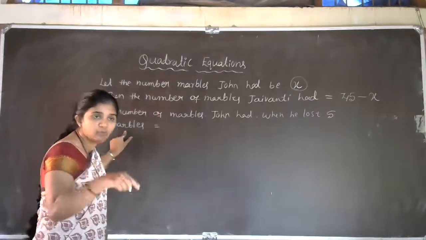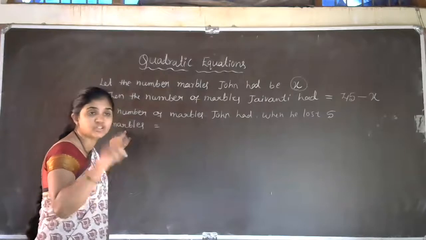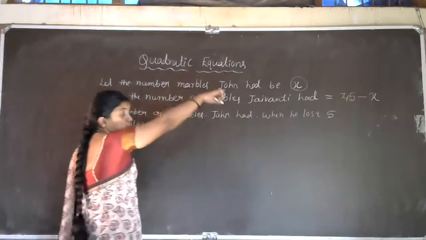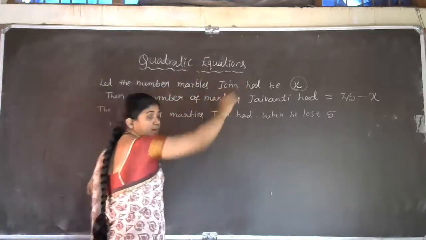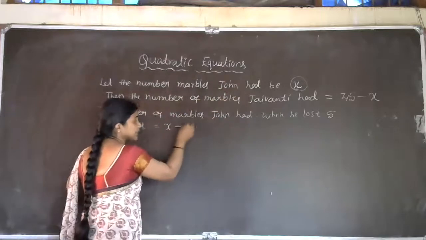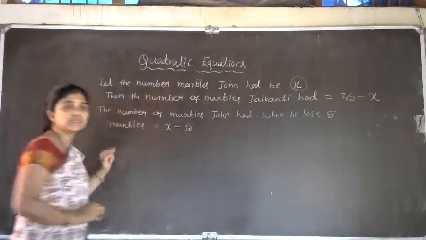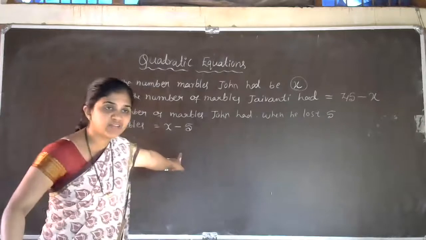Okay. Now, what is the number of marbles with John when he lost 5 marbles? Total, he has X marbles, no? Now, in that X marbles, 5 marbles lost, in the sense X minus 5, no? Got the idea of this one?